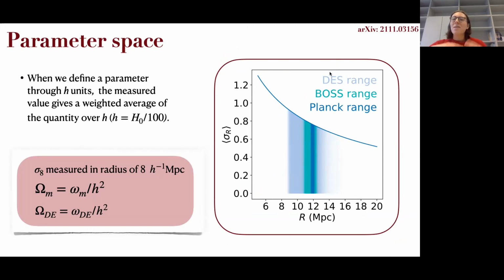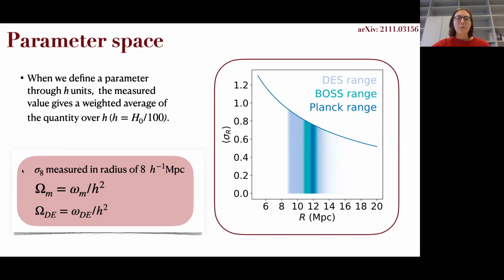So once again, Planck measures h very well. 8 megaparsecs over h corresponds to 12 physical megaparsecs, and it measures the density field variance at a well-defined scale. However, for probes like DES and, to a lesser extent, BOSS, 8 megaparsecs over h corresponds to a range of scales. And so when we're measuring sigma 8, what we're actually measuring is a weighted average of the density field variance. So it doesn't really describe the same thing when we're using these different probes.